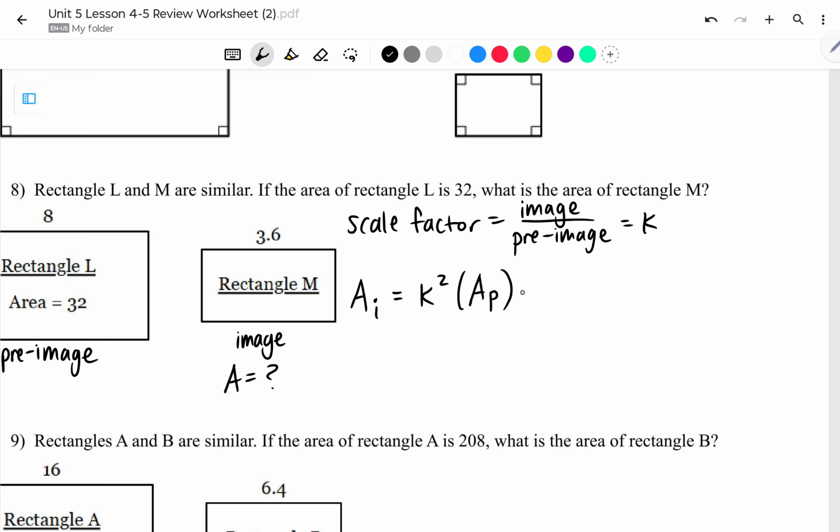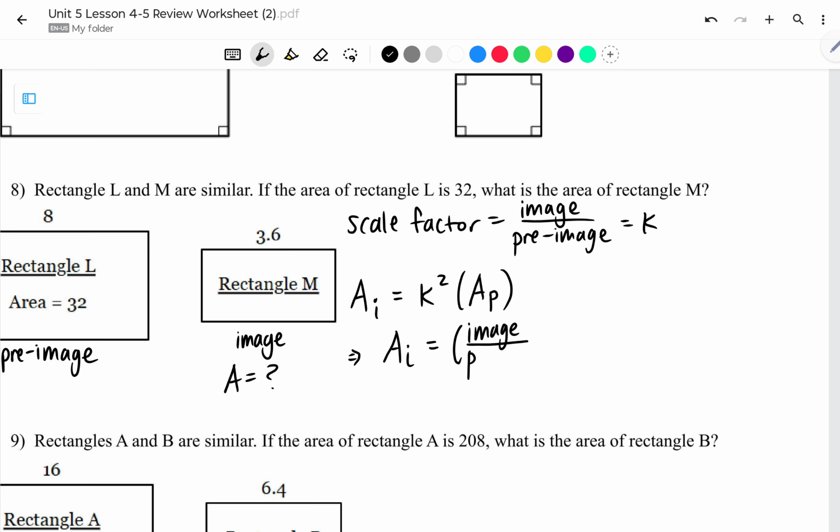I'm going to say A, the area of the image is basically the image over pre-image squared times the area of the pre-image. Okay? So now I rewrote that.